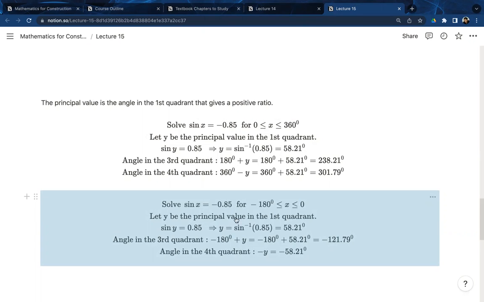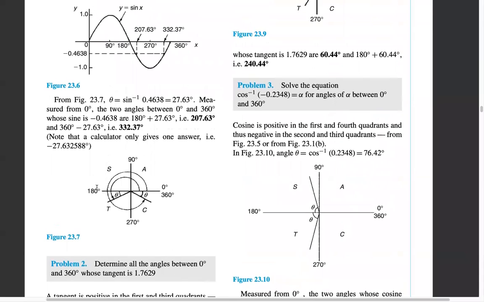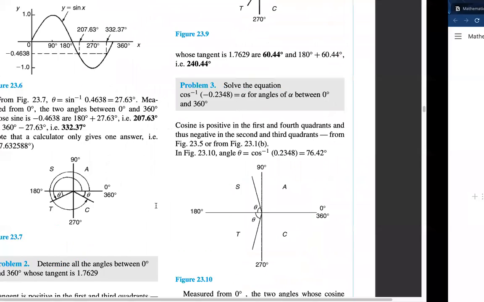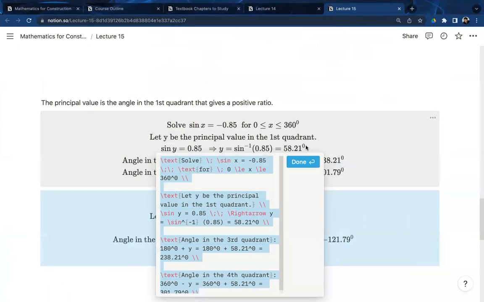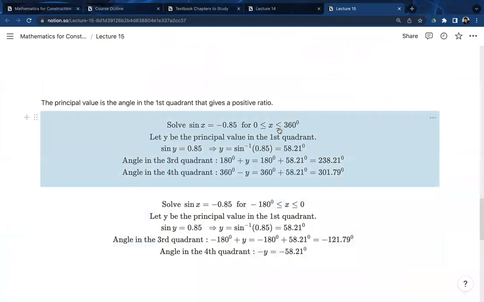So the same problem, when you solve it for different domains, you get different answers. But to get them, you have to interpret it with a diagram. You do some geometry for where that angle is located. For this one up here, it was positive angles. But this one down here, it was negative angles.